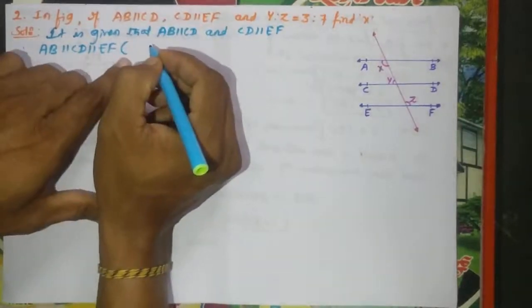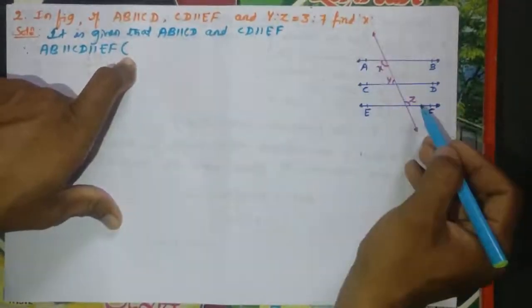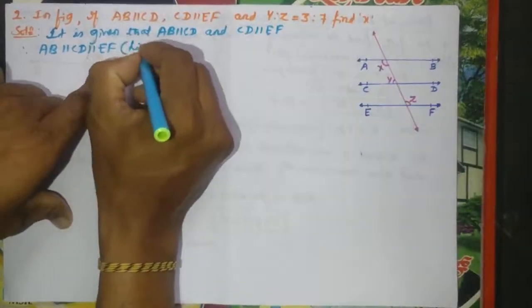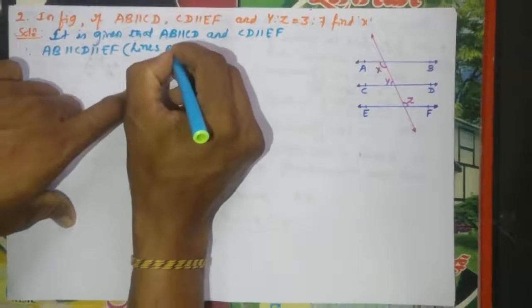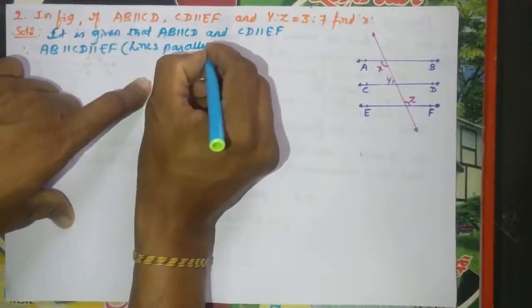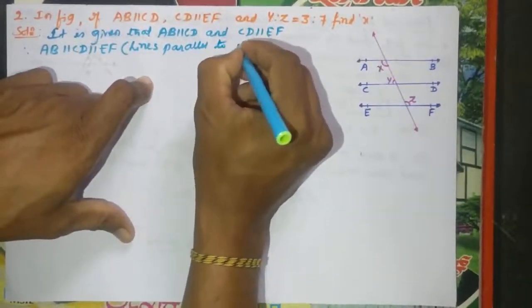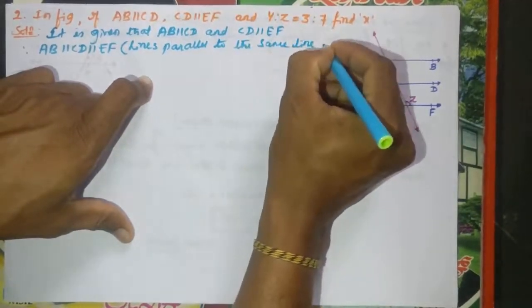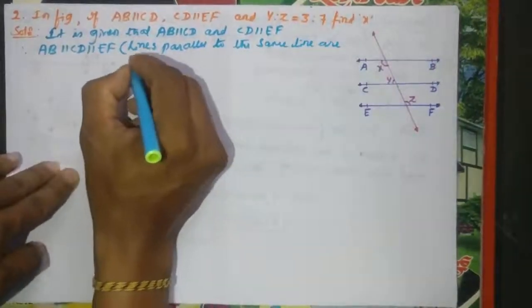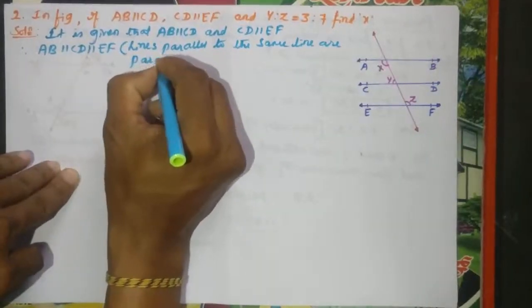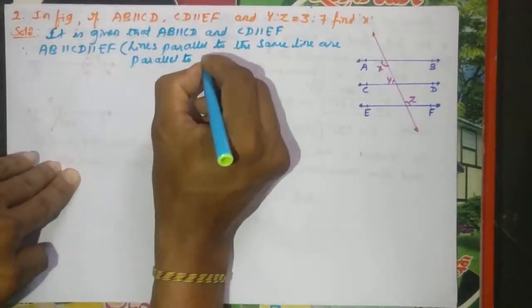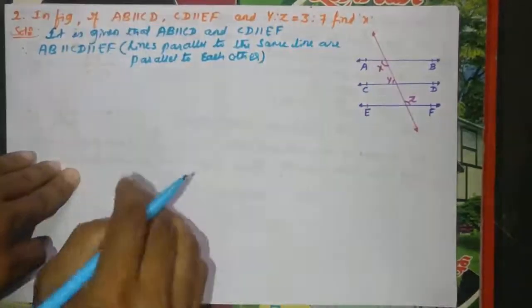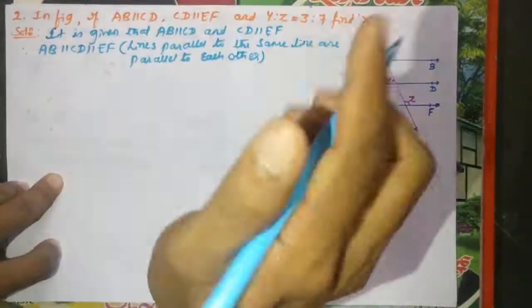In bracket I will write, lines parallel to the same line are parallel to each other.